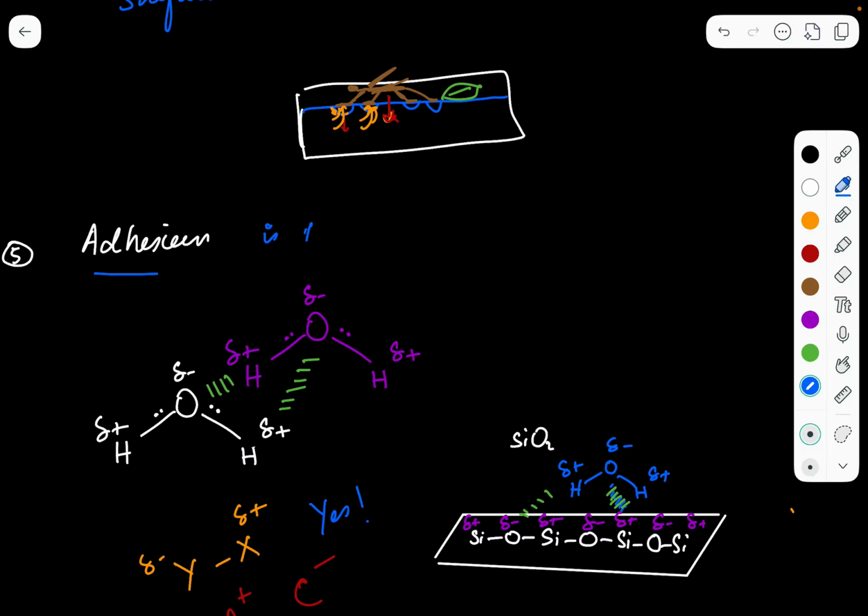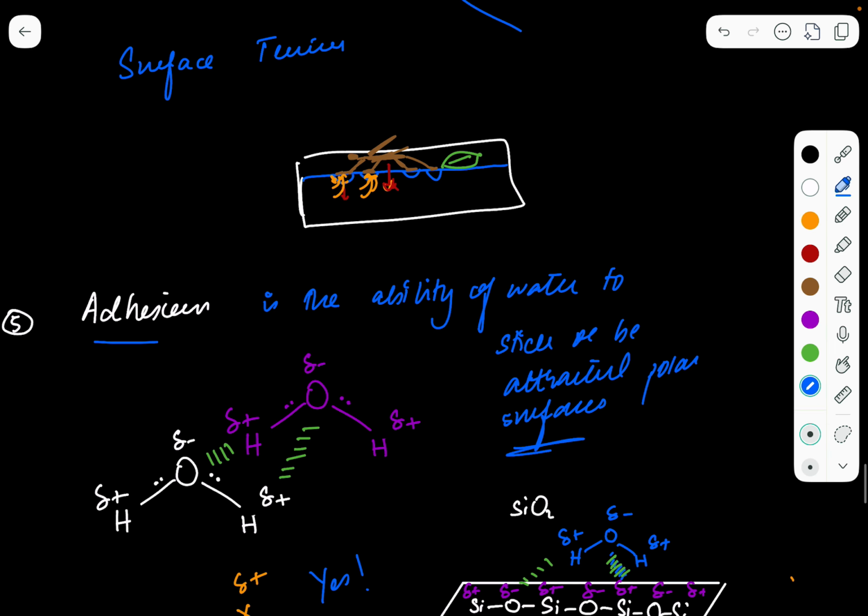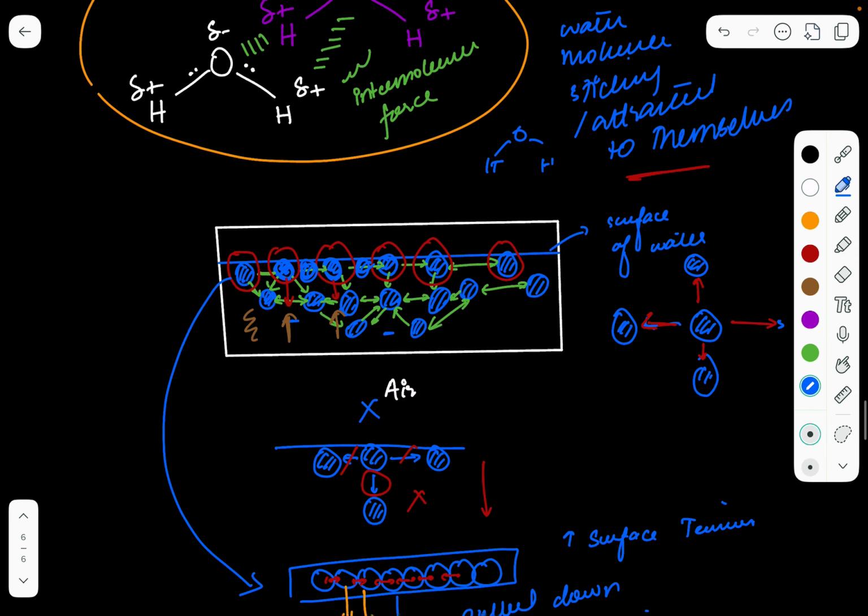Adhesion is the ability of water to stick or be attracted to polar surfaces. Right? So one is the ability of water to stick to some polar surface, and the other is the ability of water to stick to itself.